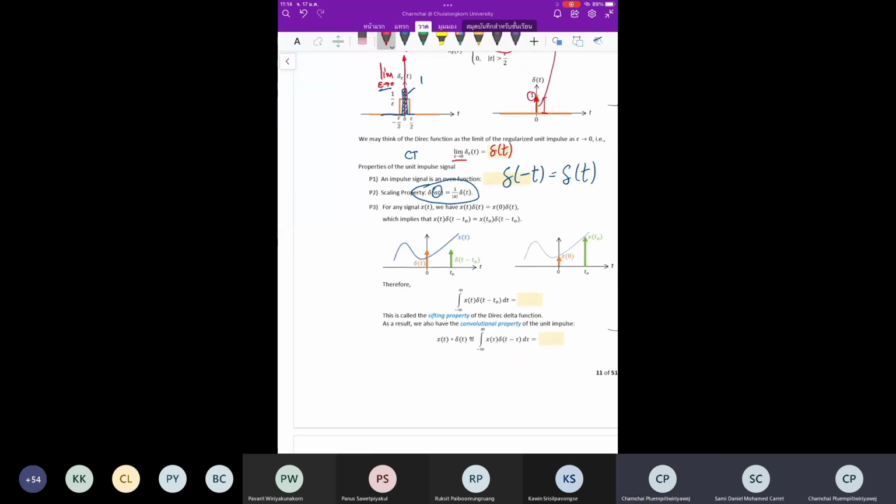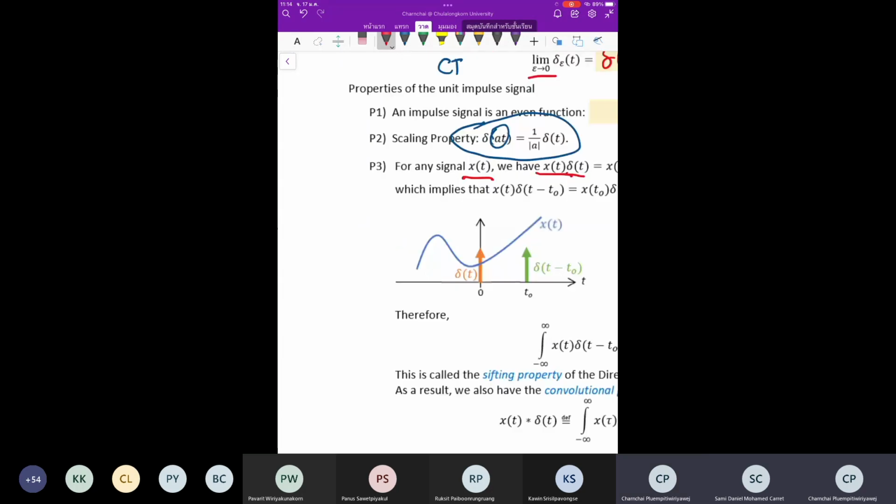The next one says for any signal xt, if you multiply xt by delta t, for example here, the blue line is xt, and delta t is the orange arrow, which is 0 otherwise.